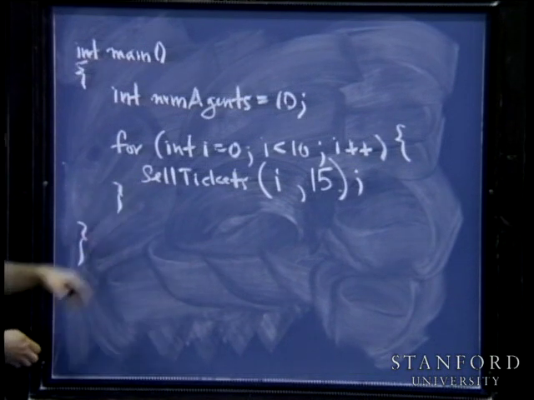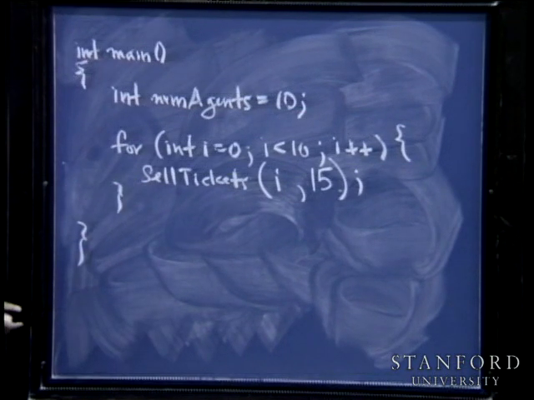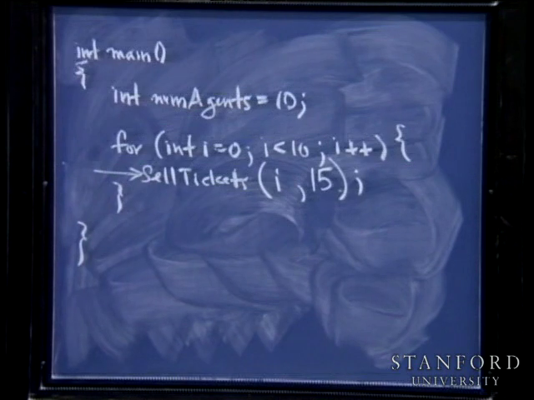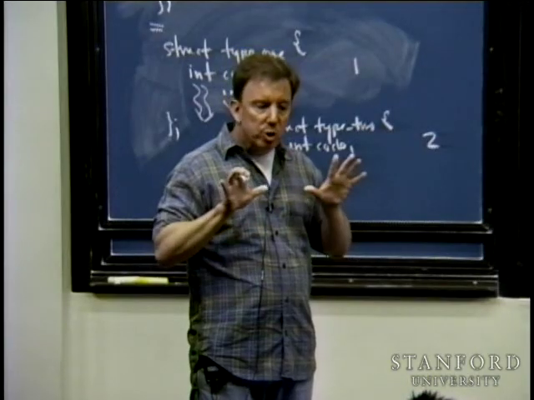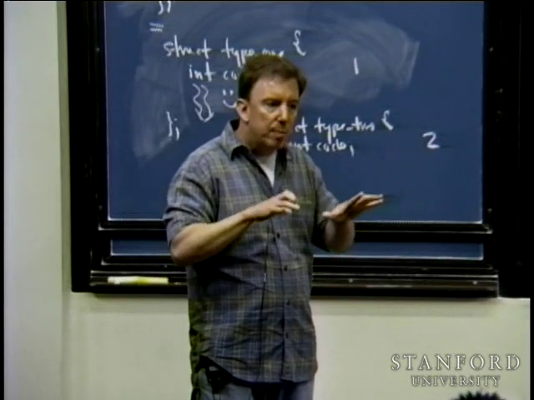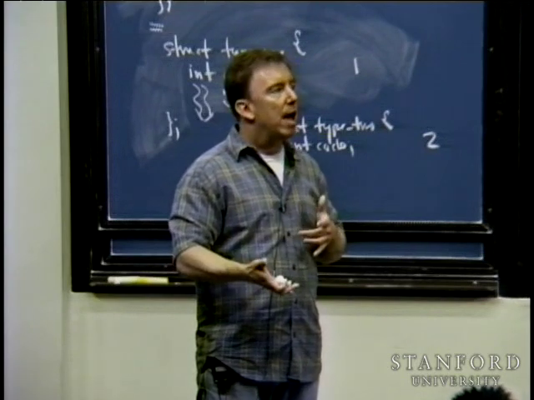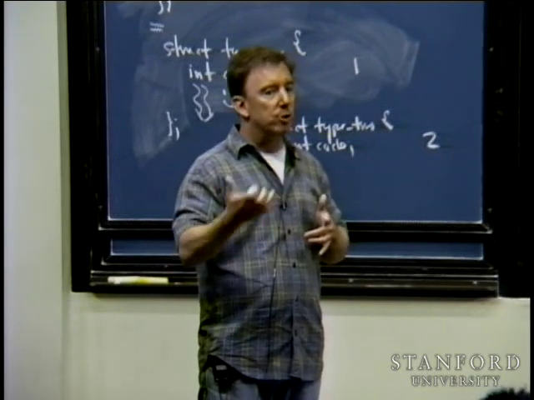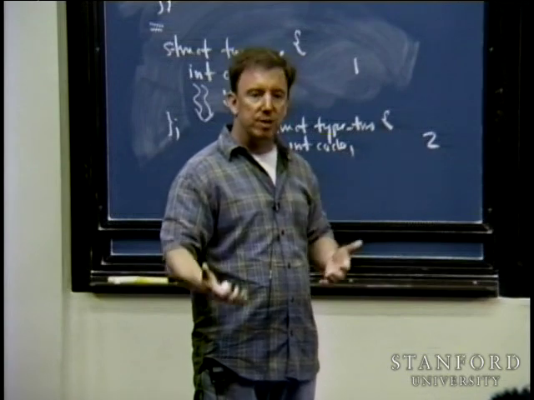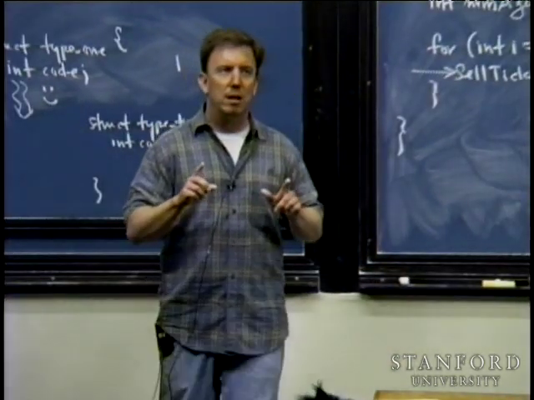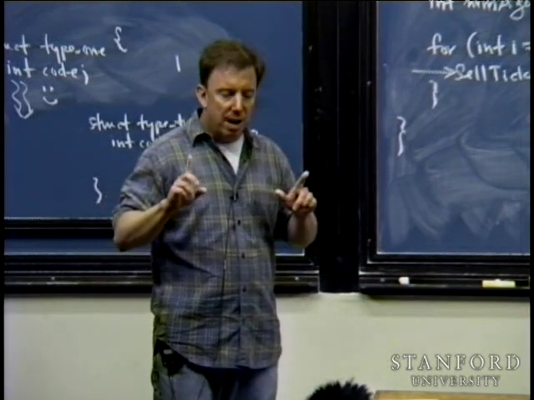I don't want to start introducing thread functions yet, but I just want to leave you with the idea that we're going to be able to get that function right there to run in 10 different threads. In other words, I'm going to spawn off 10 different threads. All of them are going to be following the same exact recipe, where each one has to sell 15 tickets, and when a particular thread exits, we just know because of the way we code it up that 15 tickets have been sold.